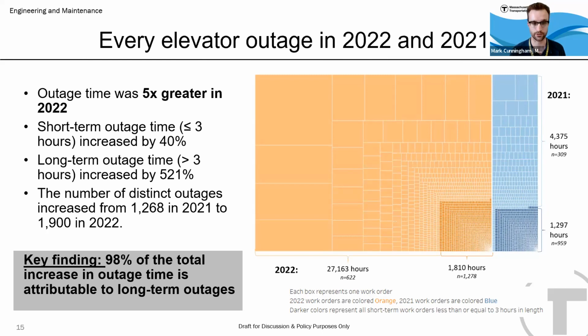Long-term outage time increased by 521% between these 2 years. As far as number of distinct outages, we found this also increased. There were 1,268 outages in 2021. This increased to 1,900 the next year. Our key finding from all of this was that 98% of the total increase in outage time is attributable to these long-term outages.